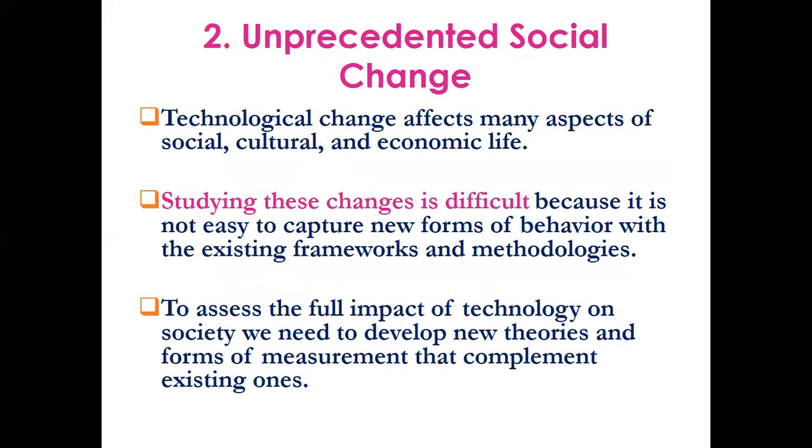The other challenge is that there is unprecedented social change. So the first one is that technology moves fast, but also society is changing. Technological change affects many aspects of social, cultural, and economic life. Studying these changes is difficult because it is not easy to capture new forms of behavior with existing frameworks and methodologies. To assess the full impact of technology on society, we need to develop new theories and forms of measurement that complement existing ones.